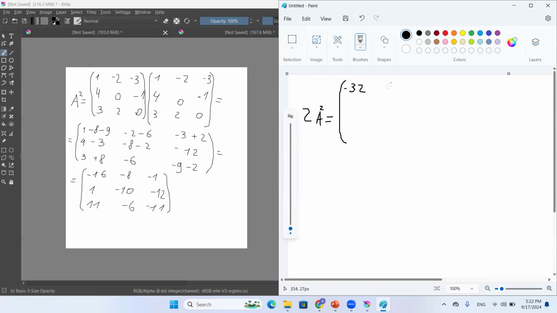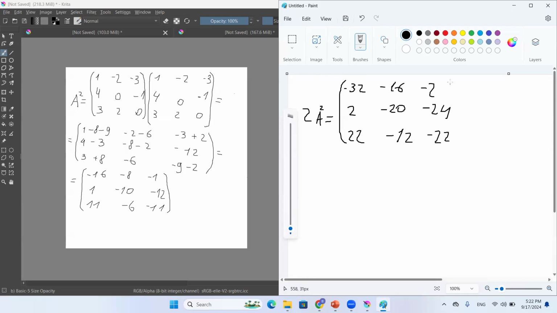So minus 32, minus 16, minus 2, 2, minus 20, minus 24, 22, minus 12, minus 22.